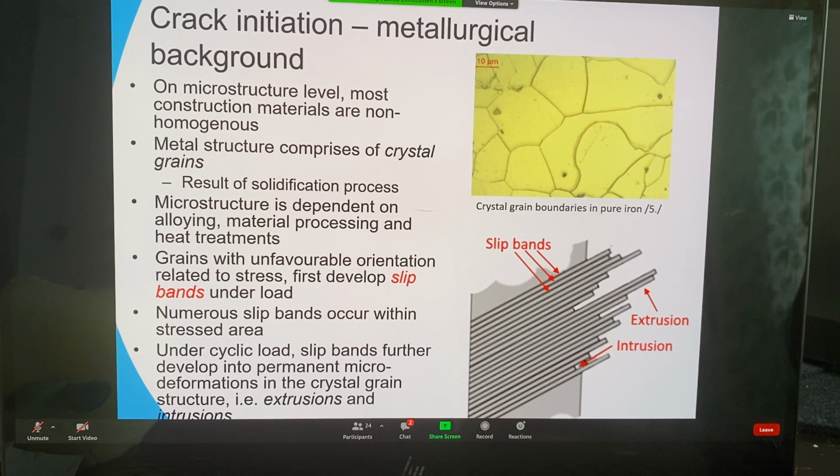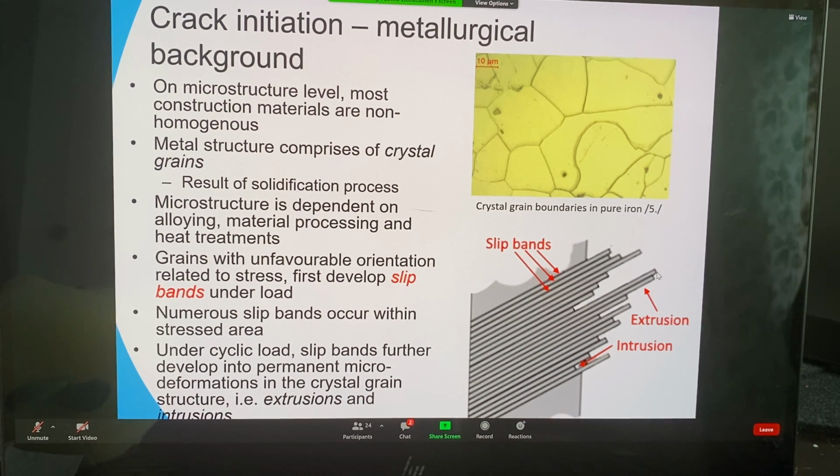And when the component is under cyclic, meaning varying load, it will cause numerous of these kind of slip bands which will occur within the stressed area. They are, of course, in a very, very small area of the component. And when we continue the varying load, they will further cause these kind of extrusions.